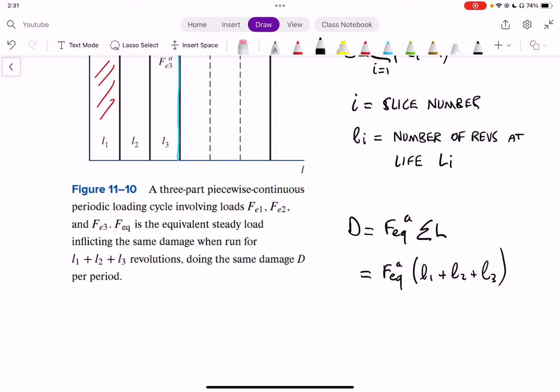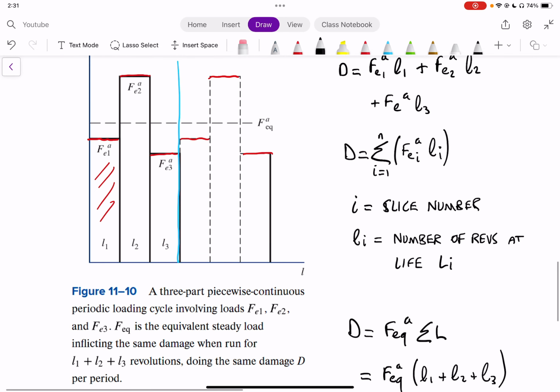Okay, we have these three terms put together. Now, what is Feq? Feq is the equivalent force throughout the three life terms. So it is this line right here. What this line does is it tells us the average force through our whole system. And this is something we want to find, okay?